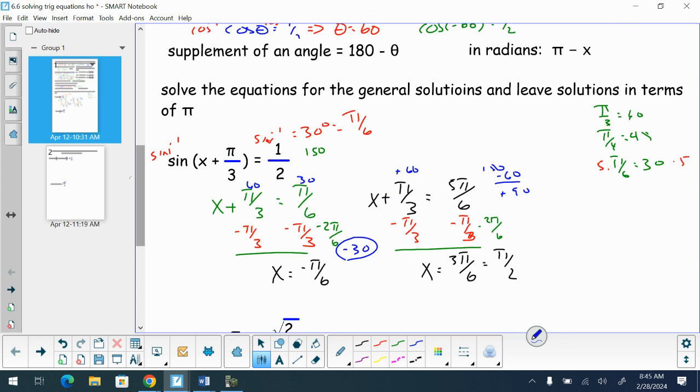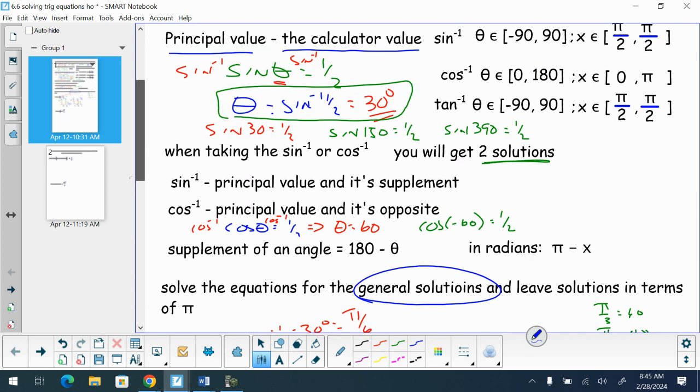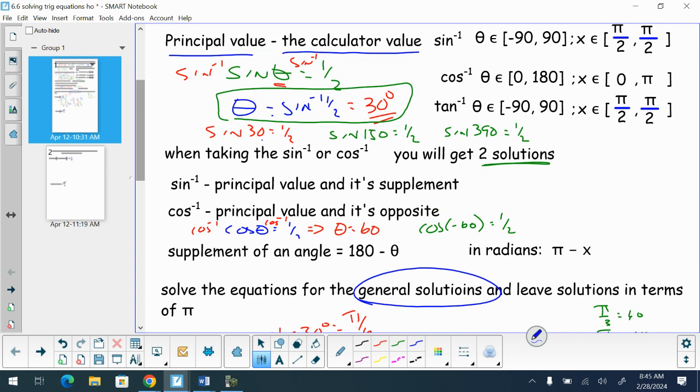I'm going to ask for general solutions. Up here, I went 30 degrees, 150 degrees. I can still get 1/2. Then I went 390 degrees, I still get 1/2. If we did 510 degrees, we still get 1/2.